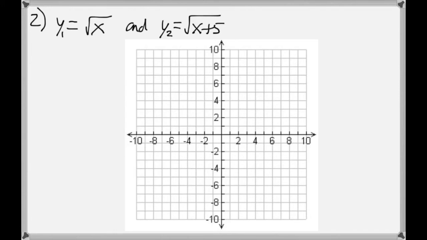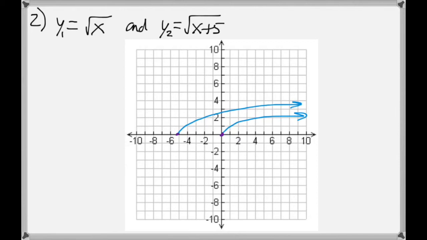My first one is like that, and my second one starts over here at -5, and it goes like that. If I compare the most distinct point on this graph, here and here, I see that it's been shifted to the left 5 units.